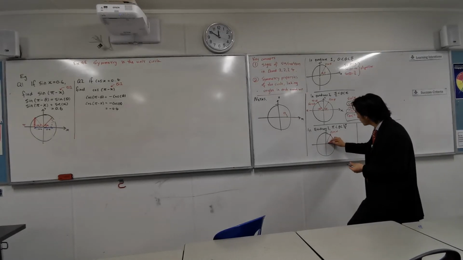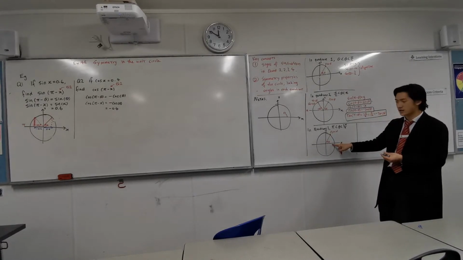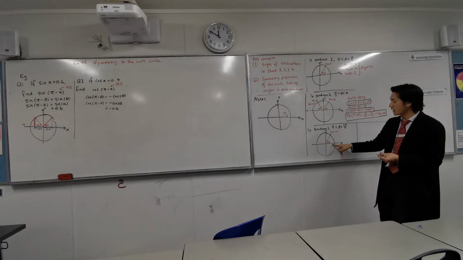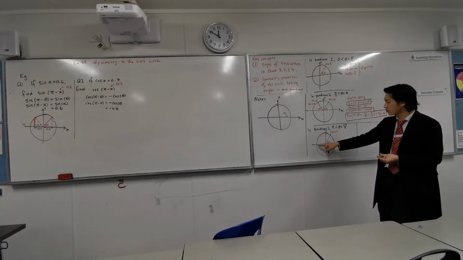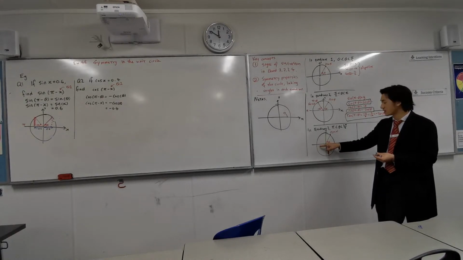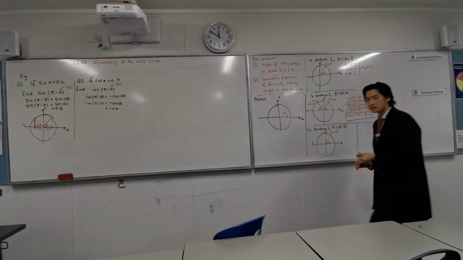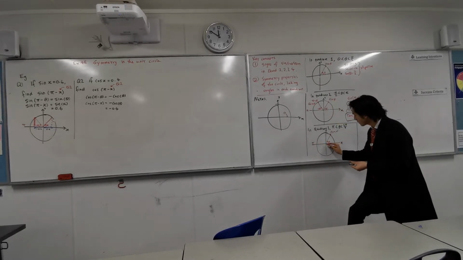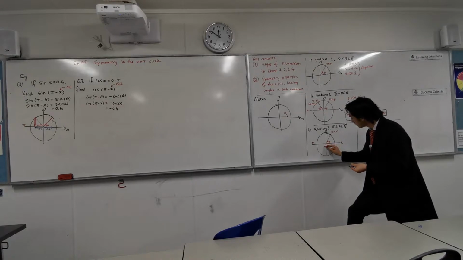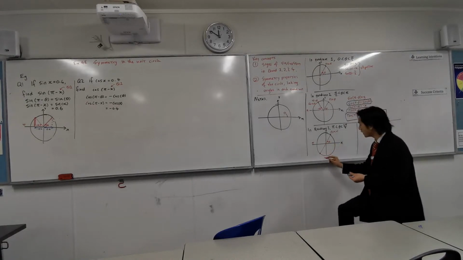Now, our point in quadrant 1, remember, we measured it from our x-axis. So to measure an angle in quadrant 3 from our x-axis, we've got to start on the pi side of it. Okay, and what will happen is we'll join a line down here.